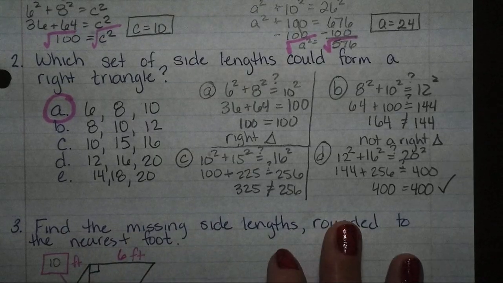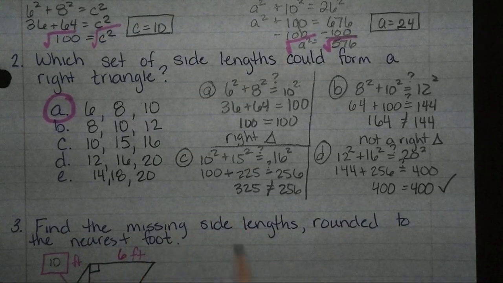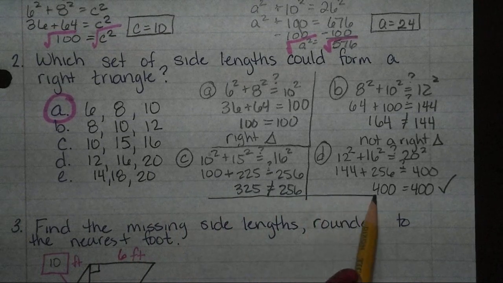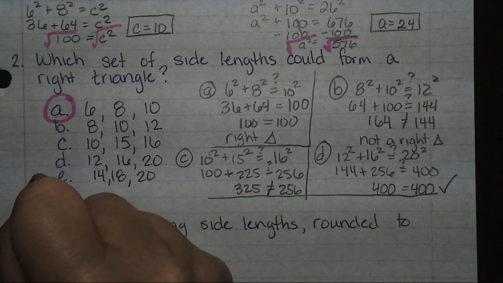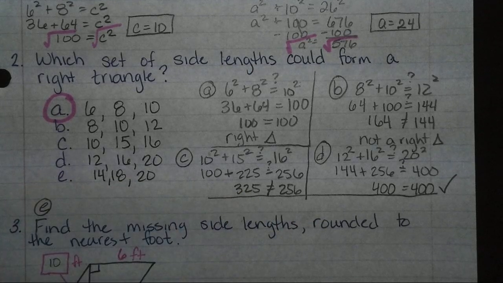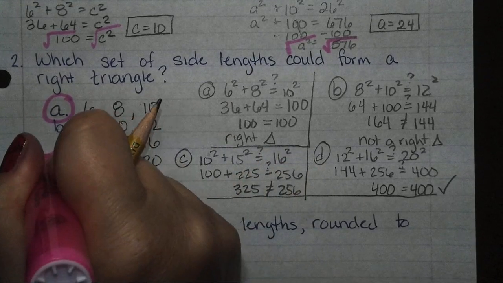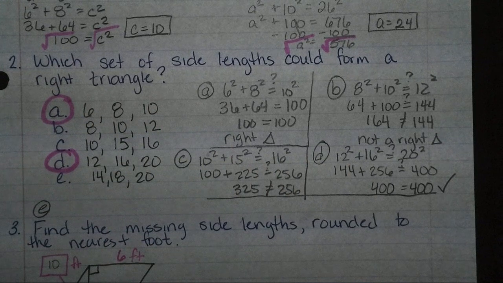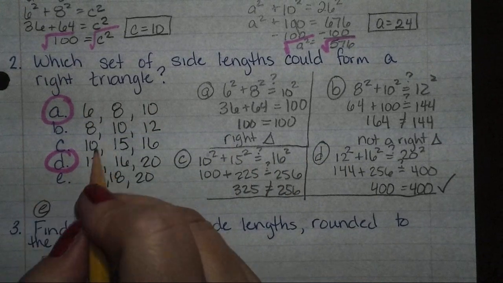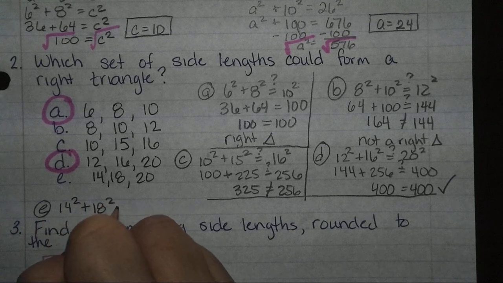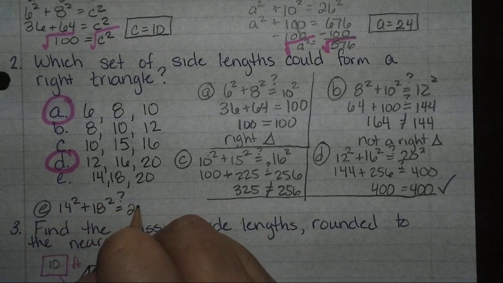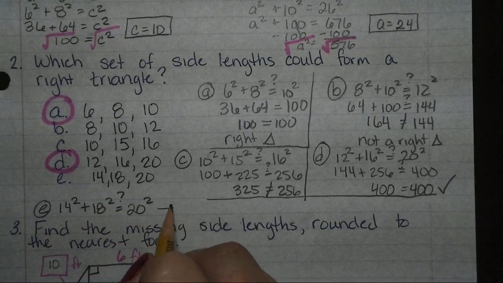All right, and E. E, I'm going to squeeze in somewhere. Maybe we'll just work it out long ways here. Oh, I forgot to circle that D was correct. So D is also an answer. So E, you would have 14 squared plus 18 squared. Does it equal 20 squared?